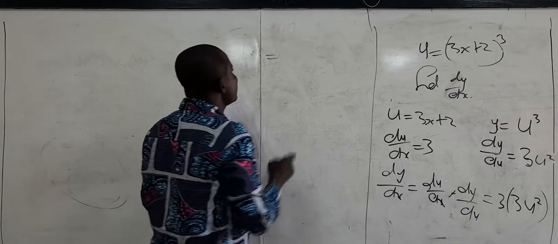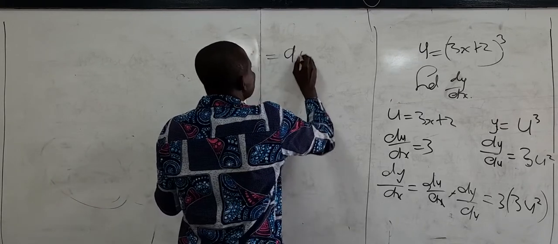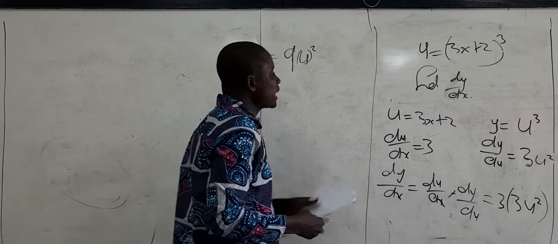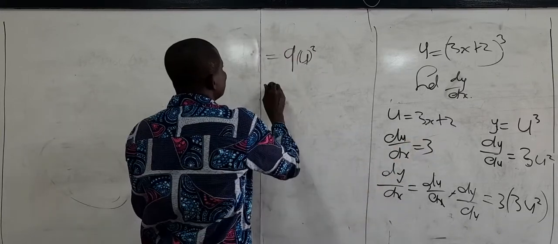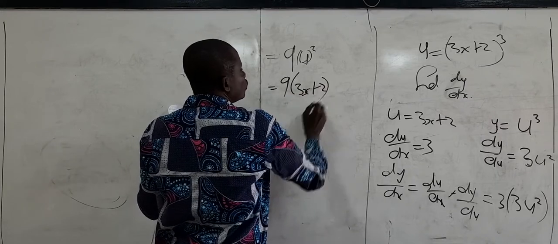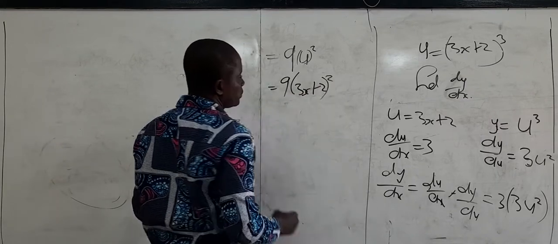Exactly. So here becomes what? 9u squared. And remember that the u, you said u is equal to this. So why don't you put it? So we have 3x plus 2 squared.